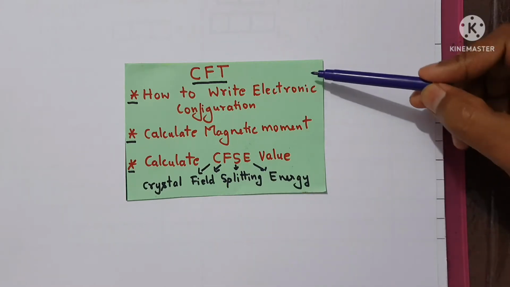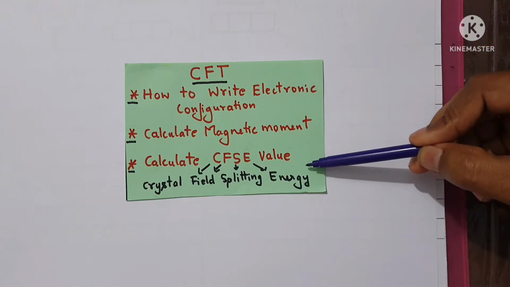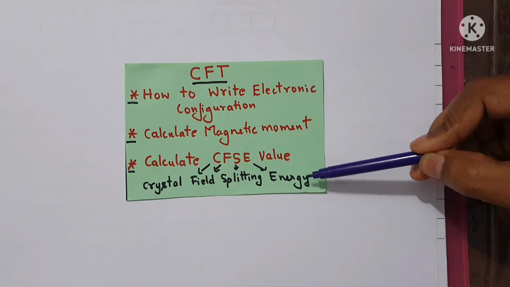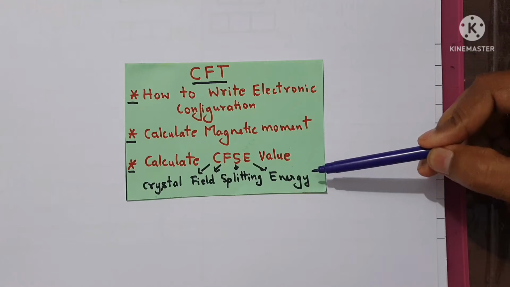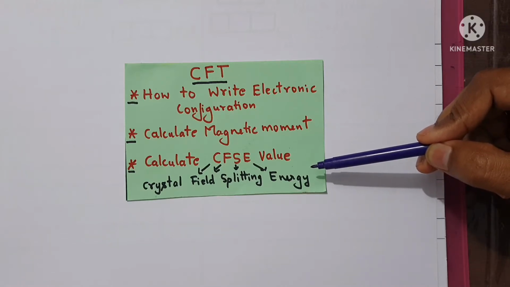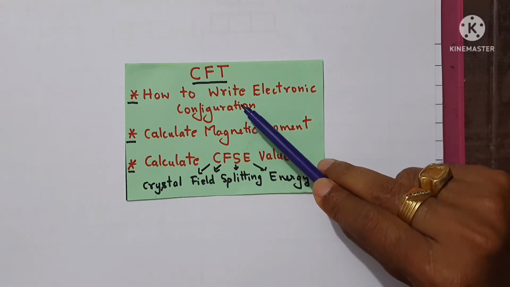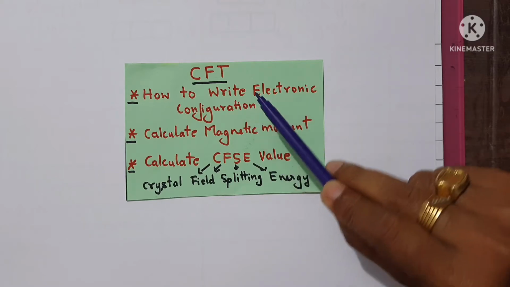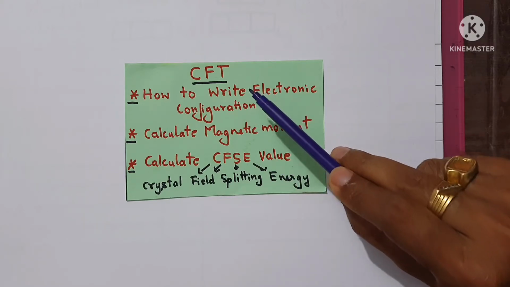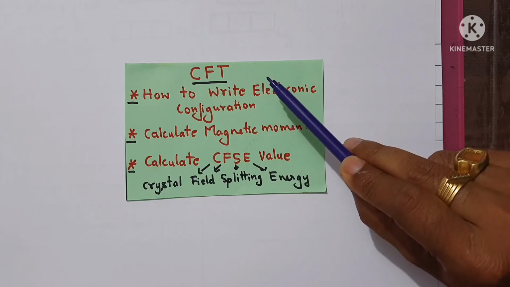So these are the important concepts we are going to cover in this video, children. Then come on, let us start with the first concept, that is how to write the electronic configuration for crystal field splitting theory. Here it is.